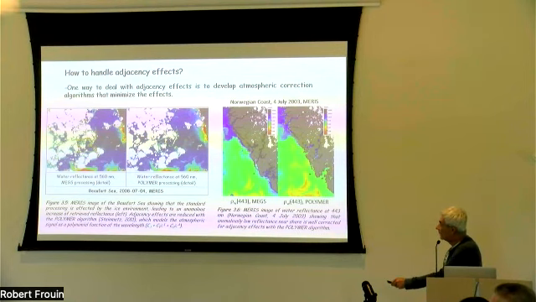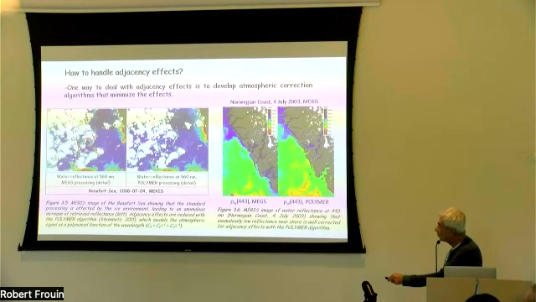And so this allows taking into account the adjacency effect. For example, if you remember, I told you that over this area with sea ice, the Beaufort Sea, the fact that you retrieve a higher water reflectance at 560 nanometers is due to a coupling between the reflectance of the ice, which is constant spectrally, and molecular scattering in lambda minus 4.